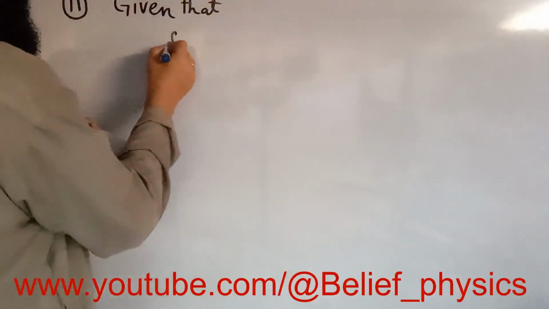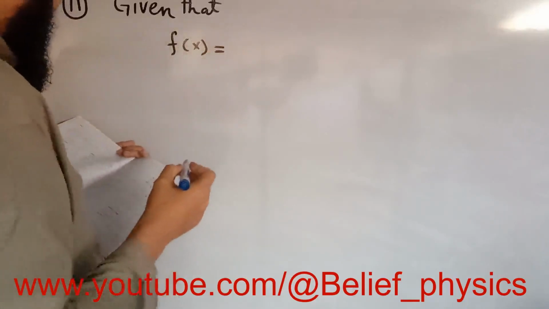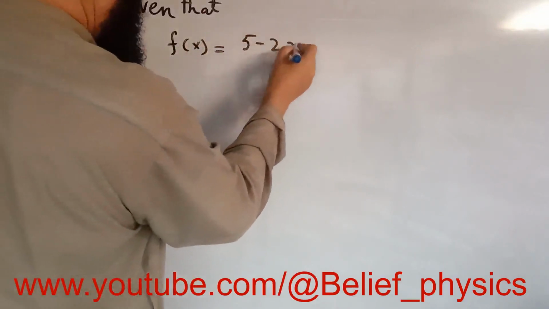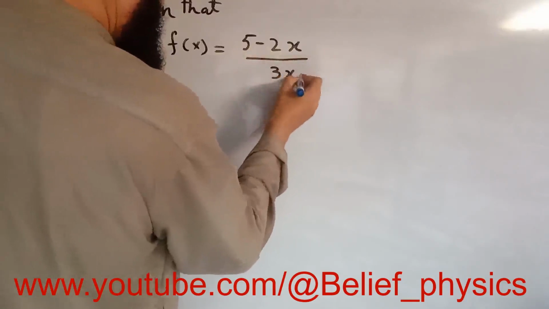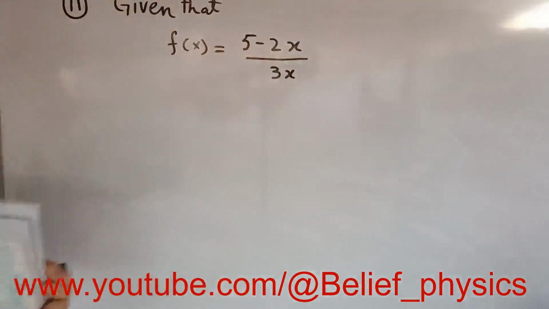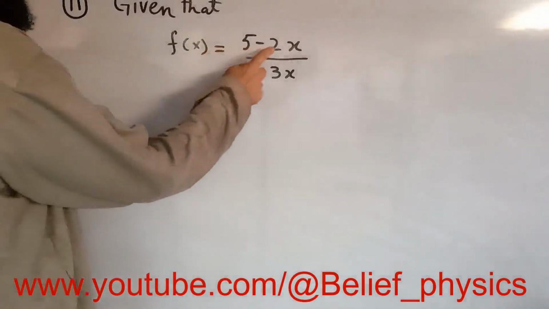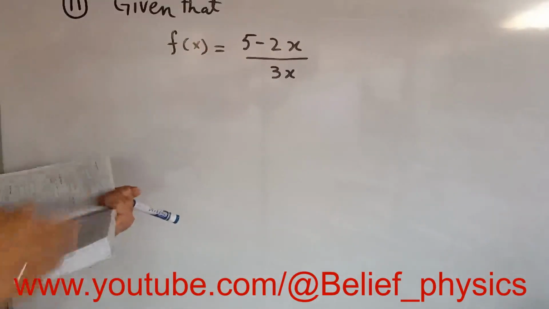f of x is equal to 5 minus 2x over 3x. This function is given, that f is a function of x which maps x onto 5 minus 2x whole divided by 3x.